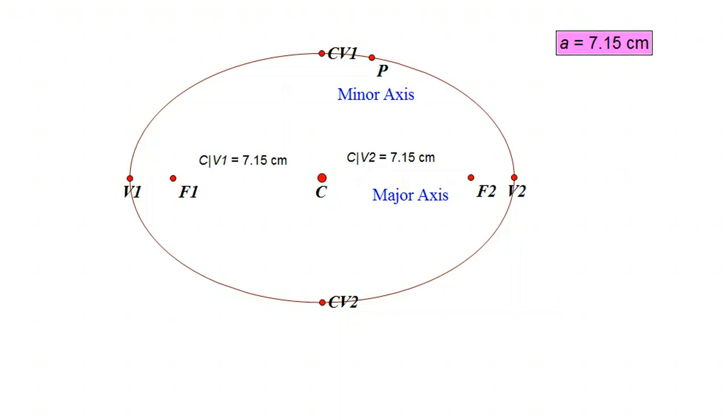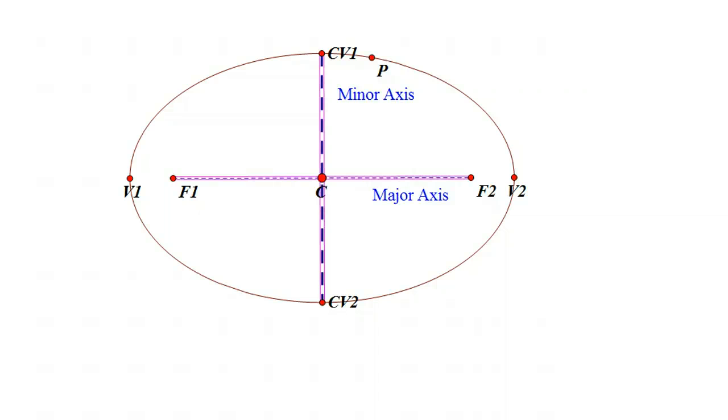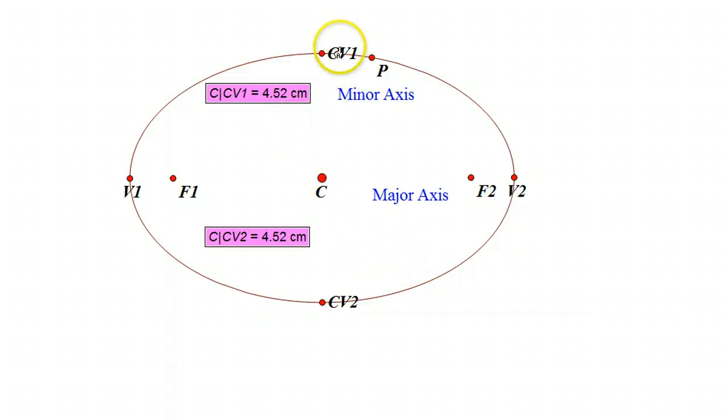Now let's take a look at the distance between the center and the co-vertices. The distance between the center and co-vertex 1 is 4.52, and the distance between the center and the second co-vertex is 4.52.